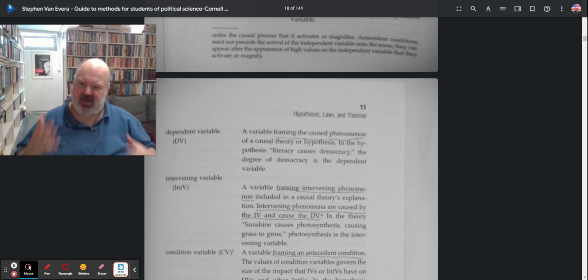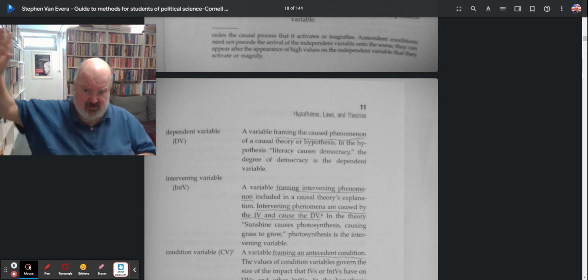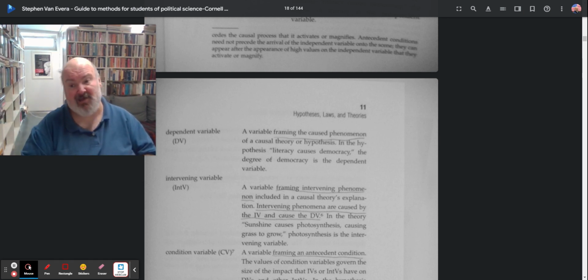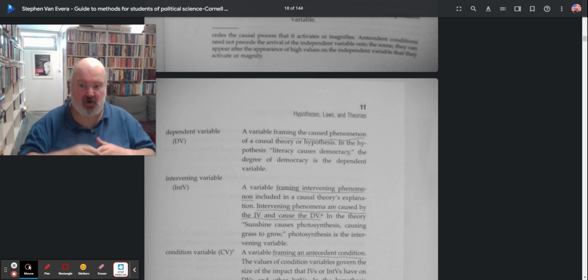Understand the independent variable in the same way: the independent variable is always the actor causing the action, and the dependent variable is the thing being acted on, the thing that is being affected or caused by the agent or actor, causing something to happen.